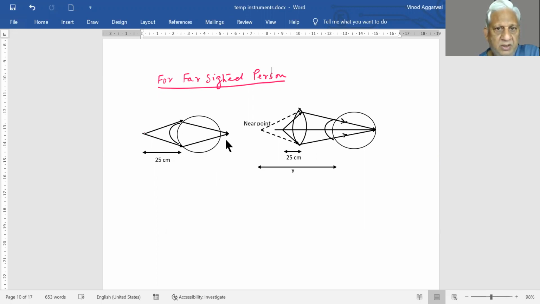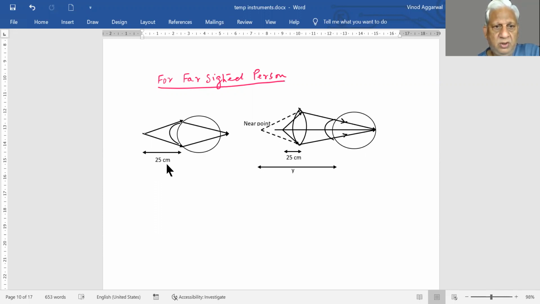Now, how can it be corrected? It is corrected by putting a convex lens here. By putting a convex lens, the nearer objects are made to appear to have come from this near point. So that's how you correct it.